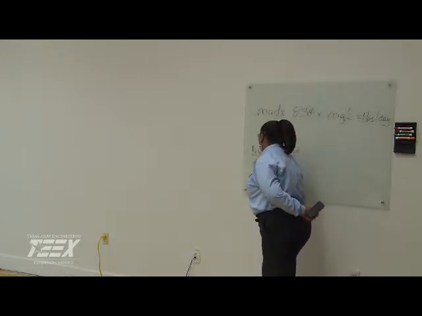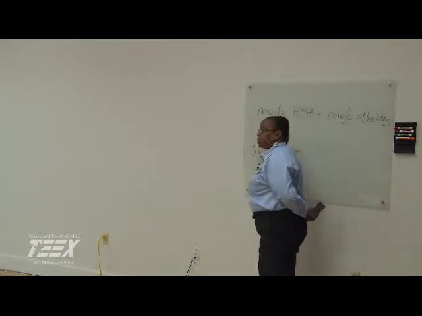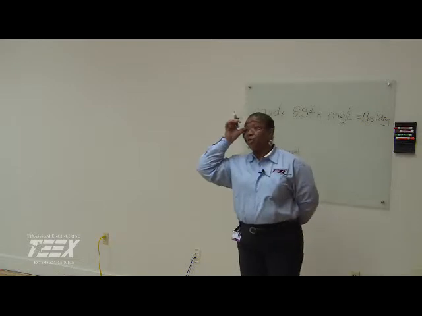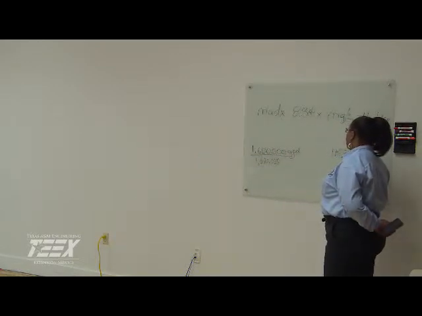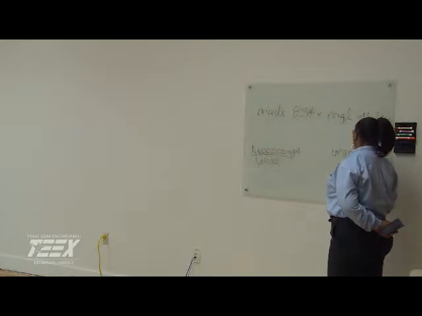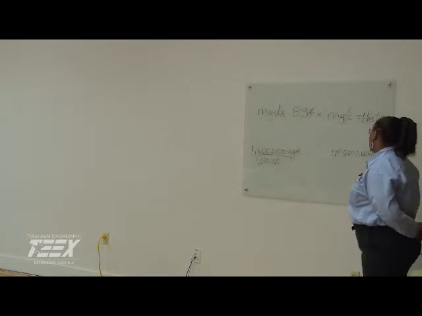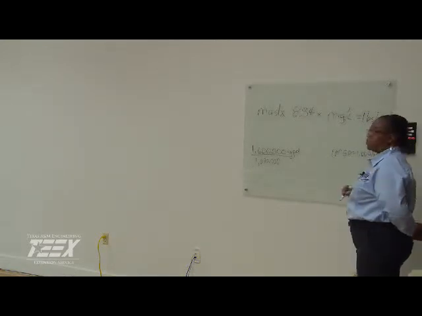How do I know to divide it by a million? I'm going to go back to my conversion chart, and on my conversion chart, they'll probably tell me 1 MGD is equal to 1 million gallons. If you want to put the per day, that's cool too.